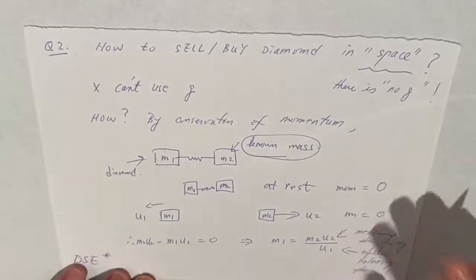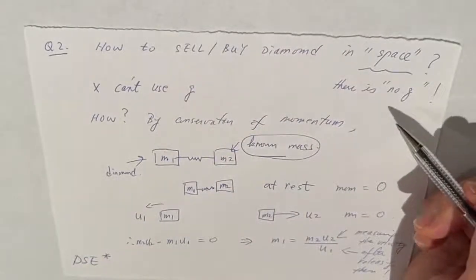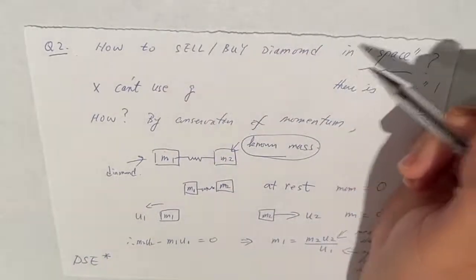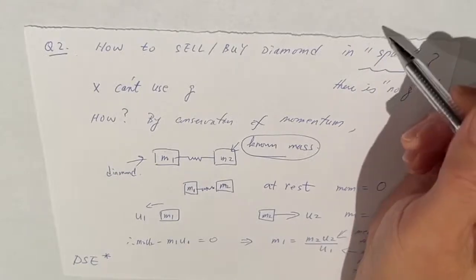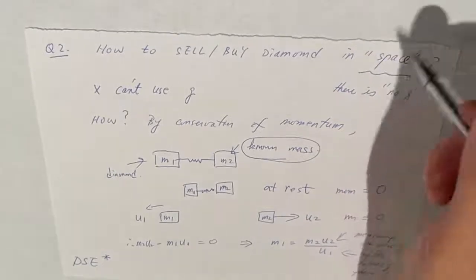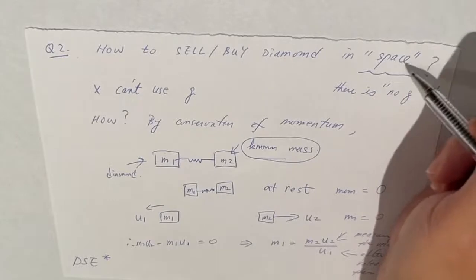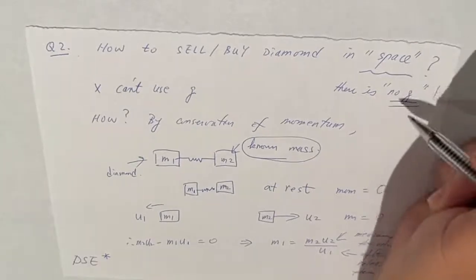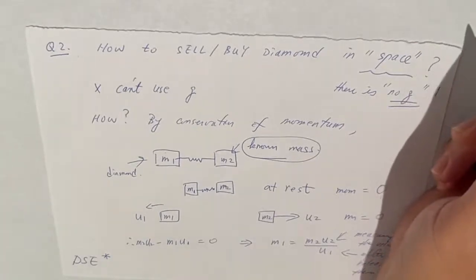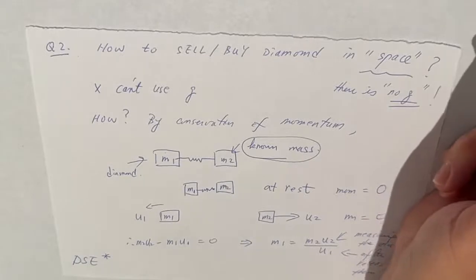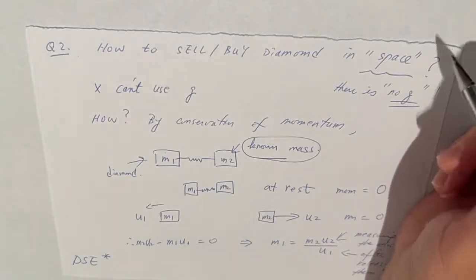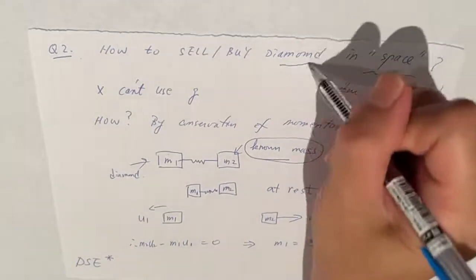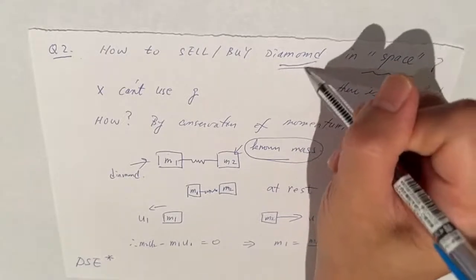In this situation, how about if you are in a spaceship, right? You want to sell or buy a diamond in a spaceship, but in space there is no gravity. We cannot use the balance or the lever system to find the mass of the diamond. How can we find the mass of the diamond?